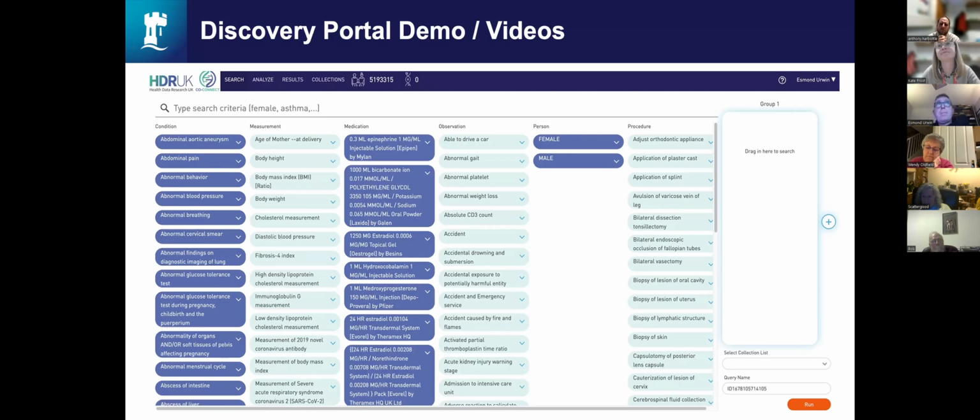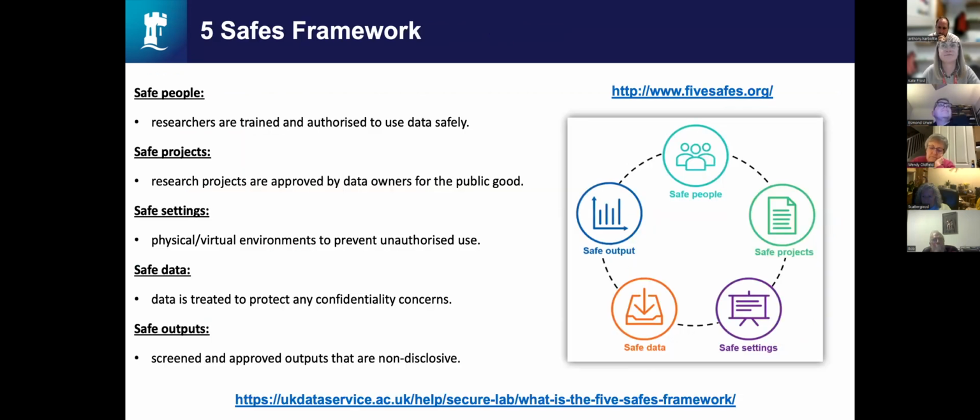And then we come into something around safety, something called the 5 Safe Framework. 5 different aspects, approaches to safety for health data. Safe people. Are the people asking to access the data safe? And there are conditions around these.